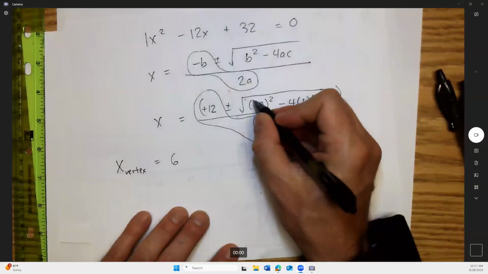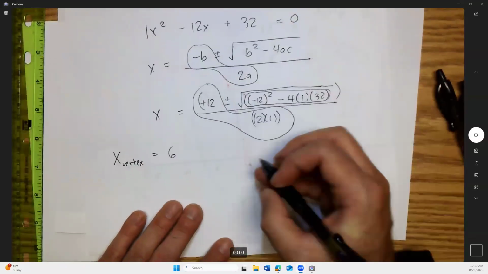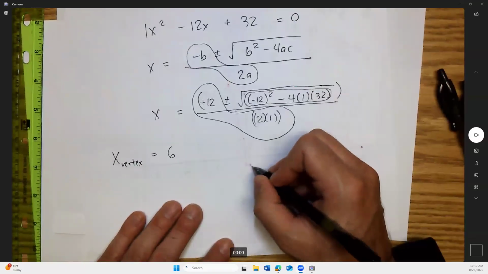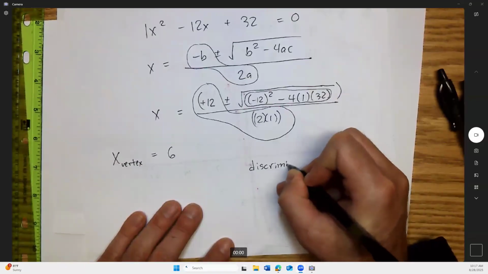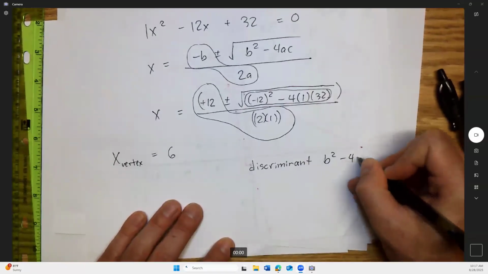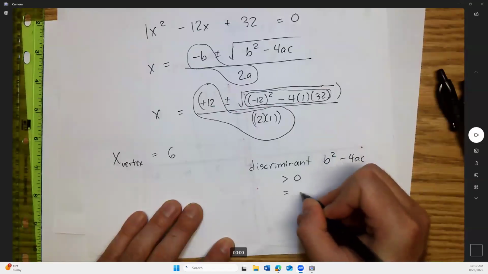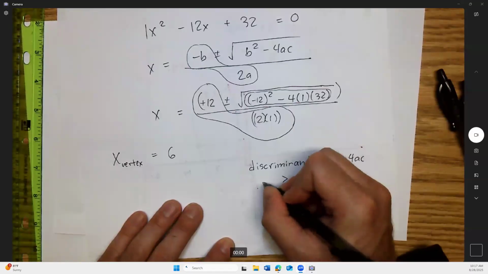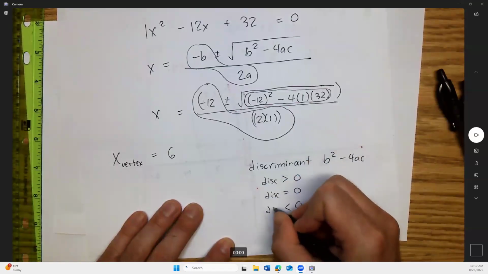And what else? Oh, how about this? b squared minus 4ac. That's called the what? Starts with a D. Yeah, discriminant. Now, whether that's greater than 0, equal to 0, or less than 0 tells you something.